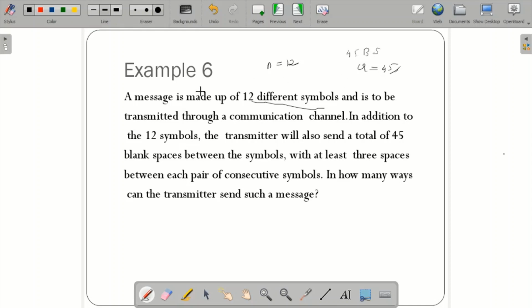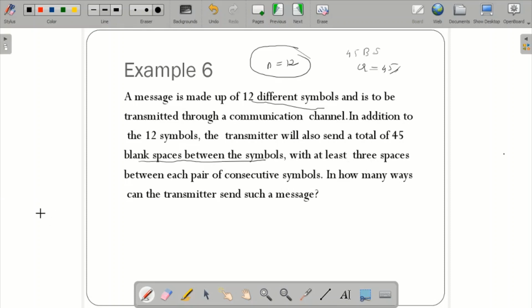The message is transmitted through a communication channel, with a total of 45 blank spaces between the symbols, with at least 3 spaces between each pair of consecutive symbols.